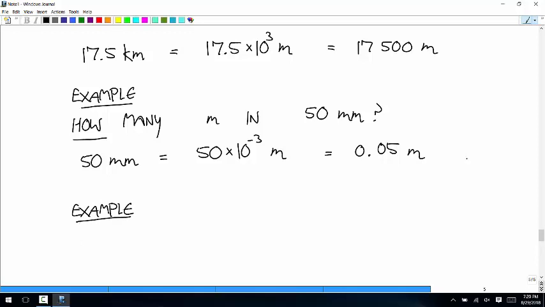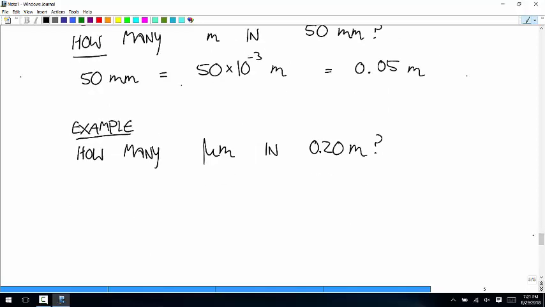So, for example, how many microns are there in 0.20 meters?